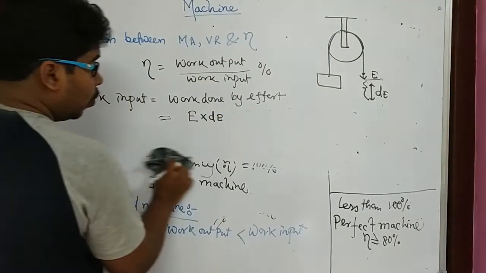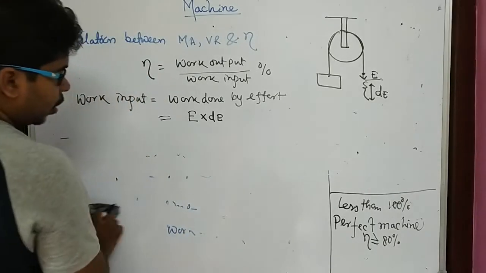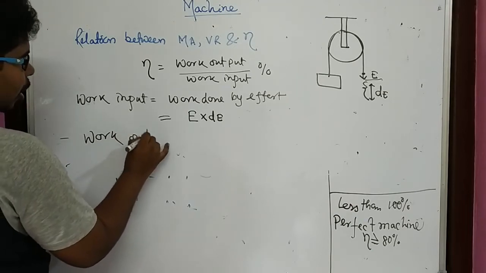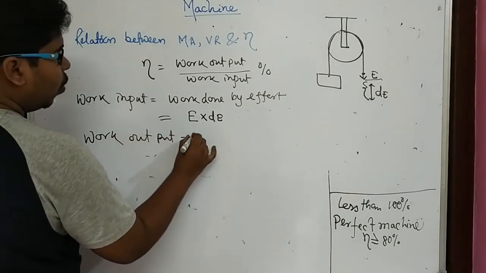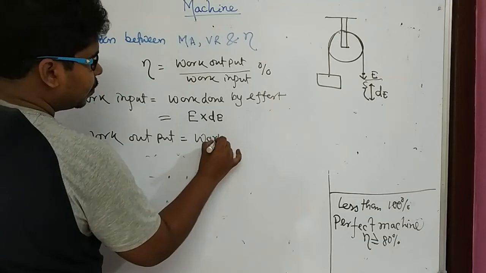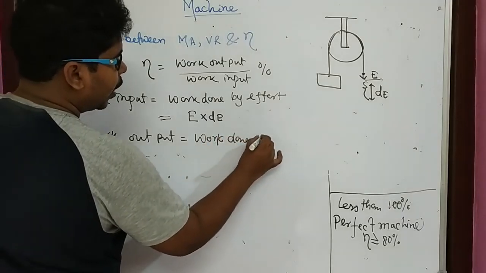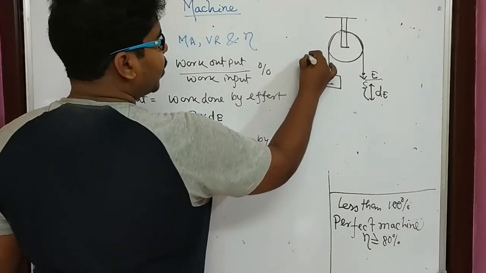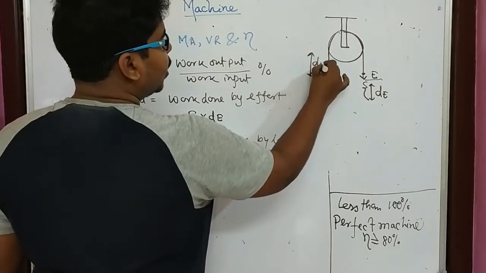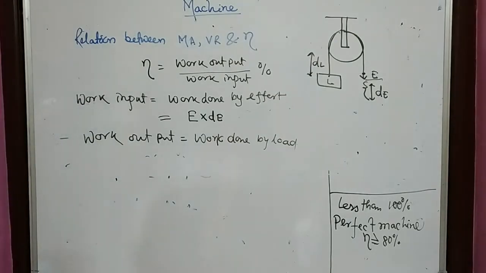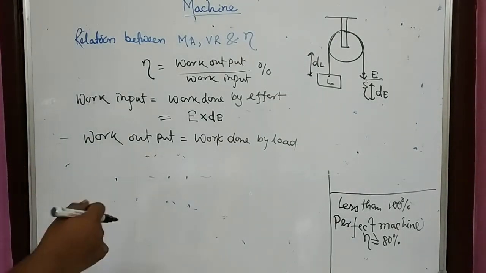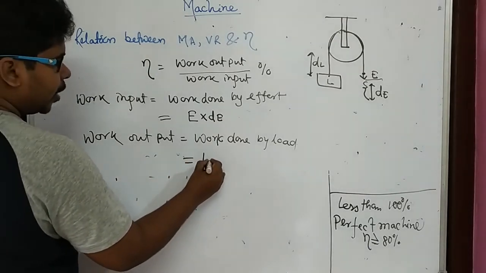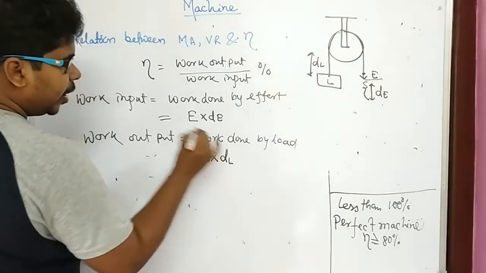Now coming to work output. What is work output? Work output is the work done by load. This is the load and it is lifted, assume, by a displacement dL. We did this earlier for velocity ratio, the load is lifted by dL. So it is L into dL.